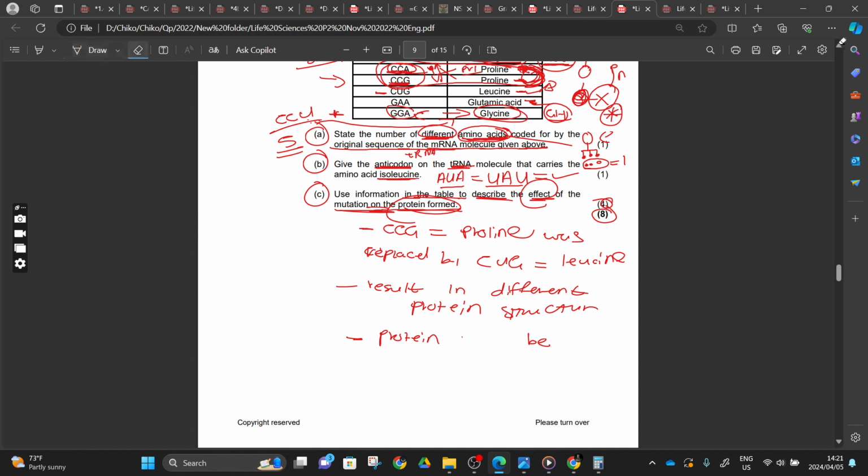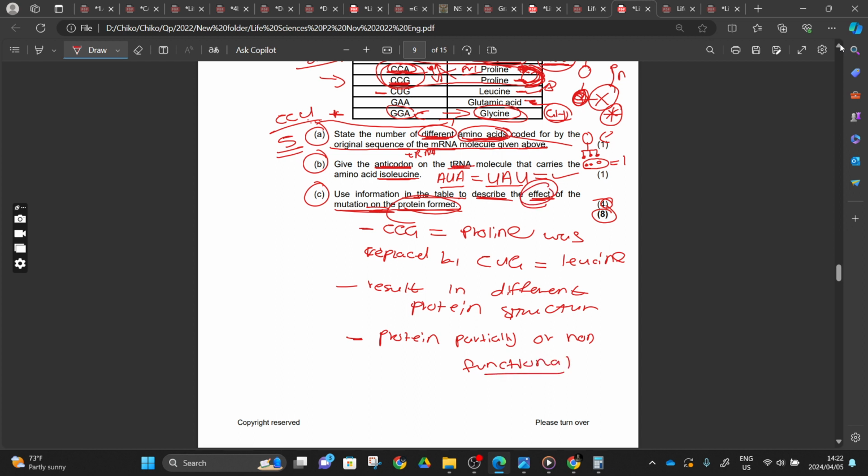We'll say yes, it will result in a different protein, but we also want to incorporate that the protein that will be formed will be partially or non-functional.